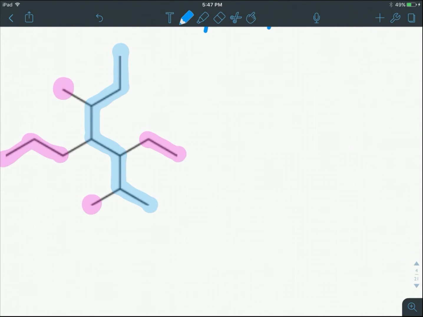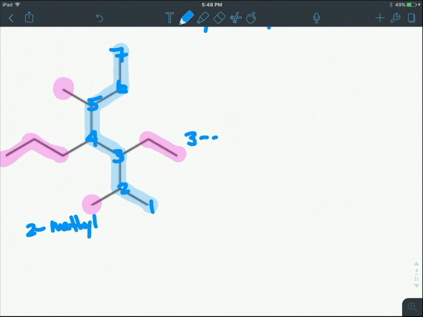Now we need to decide how to number the chain. If we start from the bottom, then 1, 2, my first substituent ends up on carbon 2. If we look at the other option, 1, 2, 3, the first substituent is a higher number. So starting down here is the way to go. So on carbon 2 we have a methyl, 2-methyl.